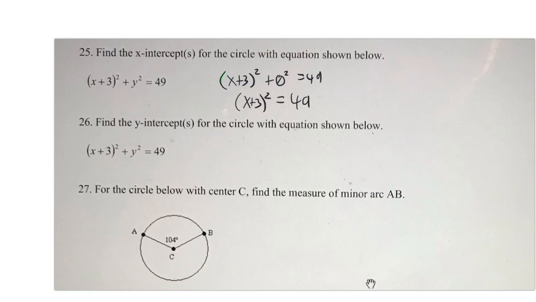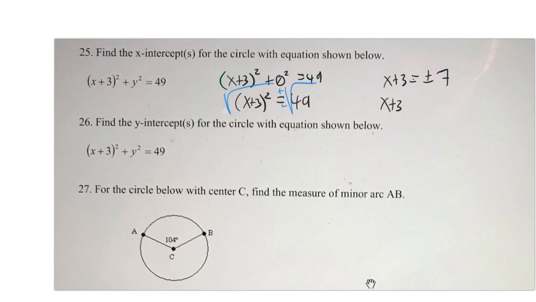At that point, you can take the square root of both sides. You would have x plus 3 equals plus or minus 7, because when you take the square root of both sides, you could do plus or minus right there. Well, really, let's actually split this.